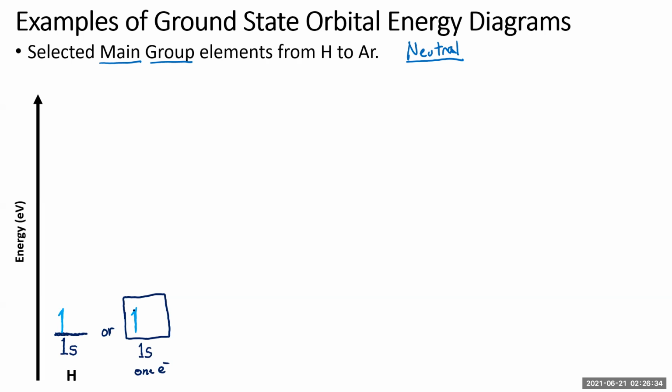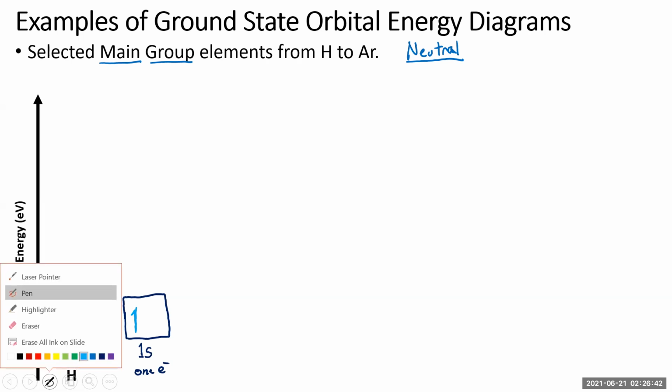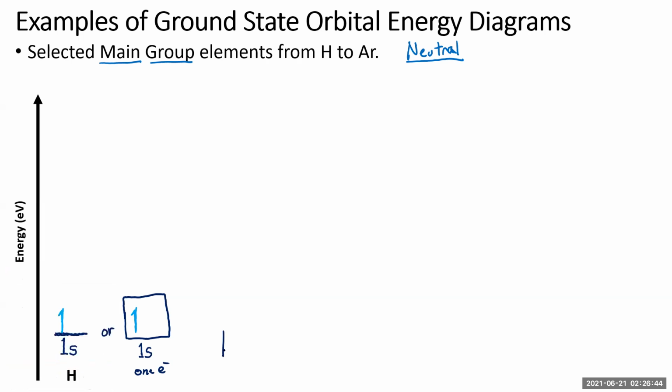Let's try another element. How about helium? Helium is the very next element on row 1. Again, we have a single s orbital. Again, we do not write 2s. Remember, the number up front is not the number of orbitals, it is the energy level.